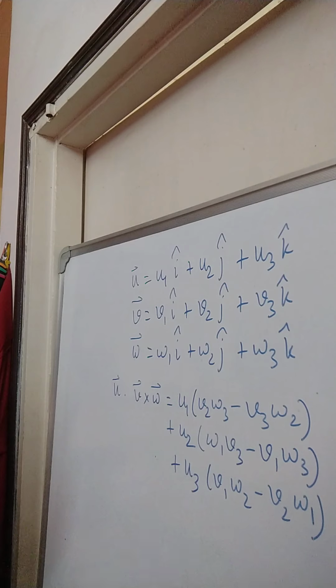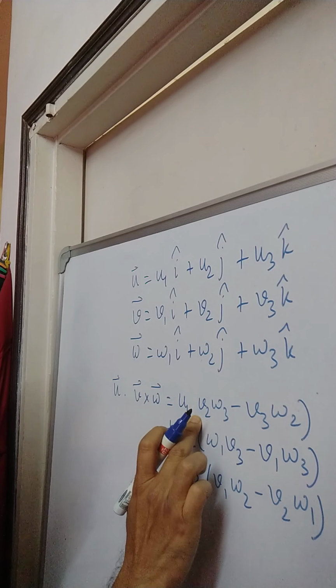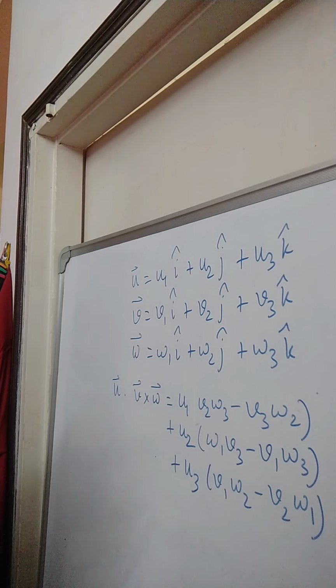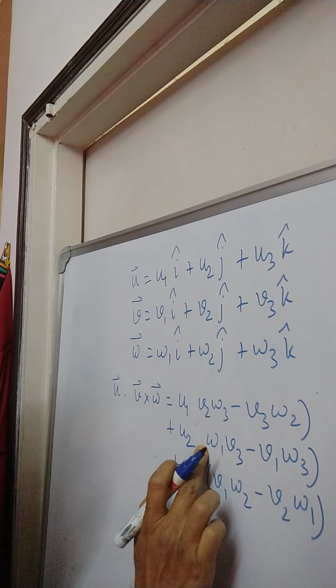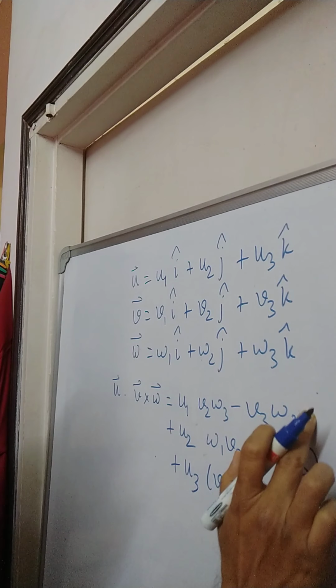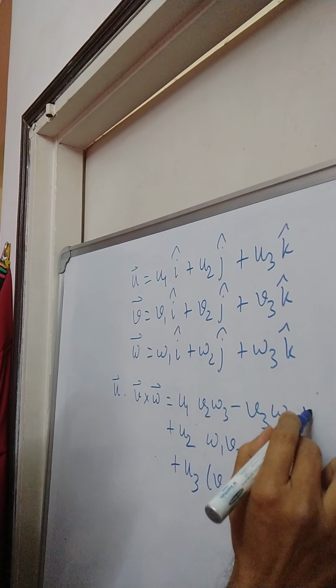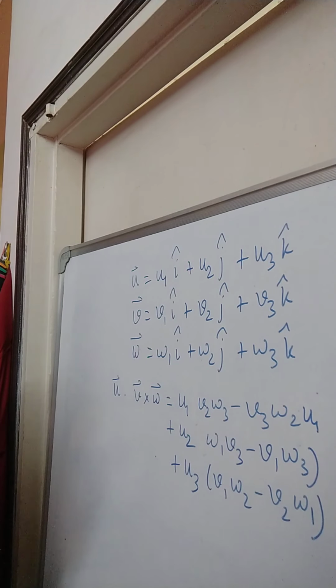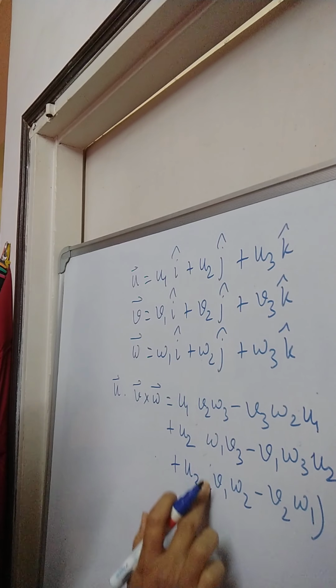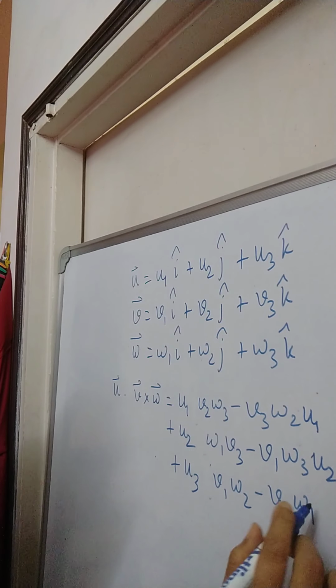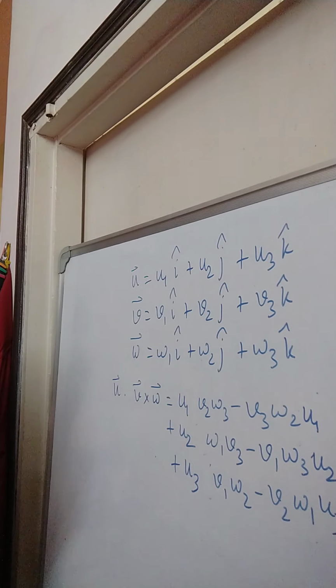Now, let us write it after multiplying this. So, U1 V2 W3, then U2 W1 V3, and U3 V1 W2.